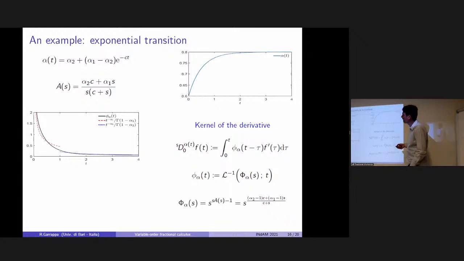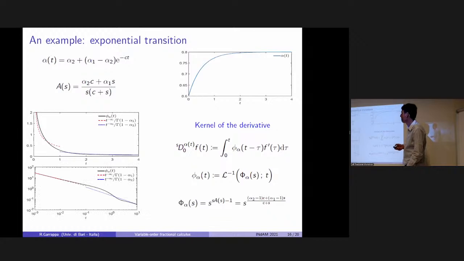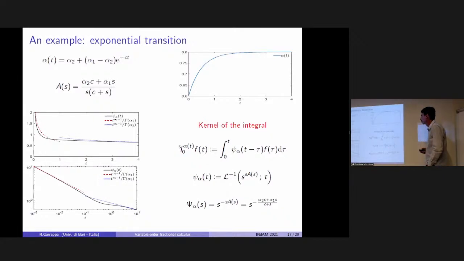As you can see, this kernel matches the kernel of the derivative of constant order alpha 1 in the starting phase and matches the kernel of the constant fractional derivative of order alpha 2 in the final case. Maybe this can be seen in a clear way in the logarithmic scale, where you can see there is a perfect match with the initial value of the order and the final value of the order. The same happens with the kernel of the integral.